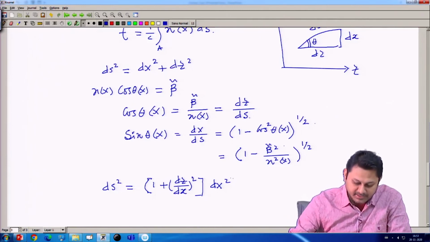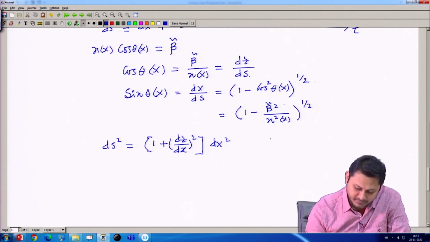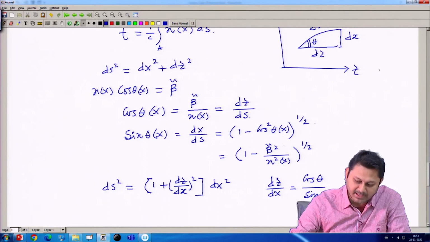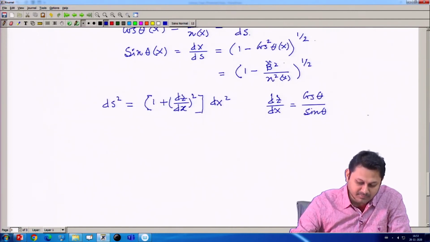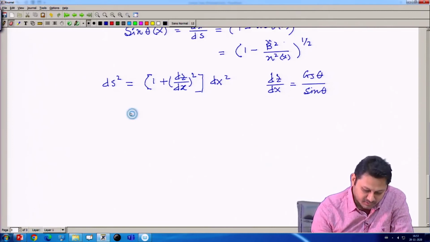Now, this quantity dz by dx is nothing but cos theta divided by sin theta, because tan theta is dx by dz. So, dz by dx will be 1 by tan theta. So, simply this is the quantity, and that we already evaluated, because sin theta and cos theta we already evaluated.